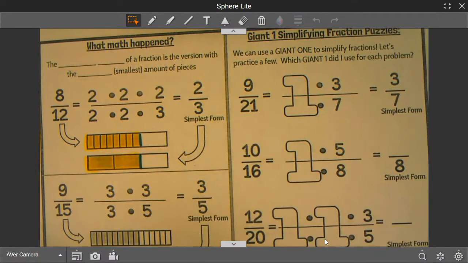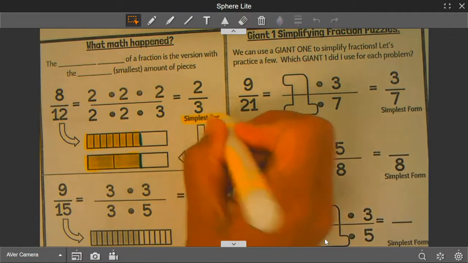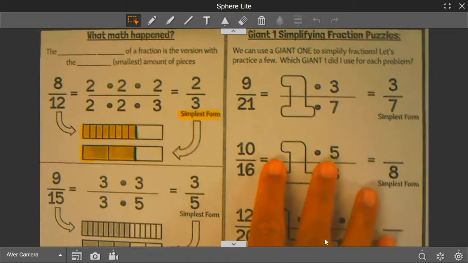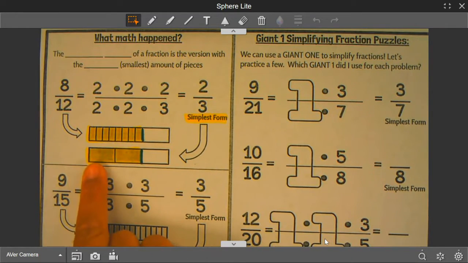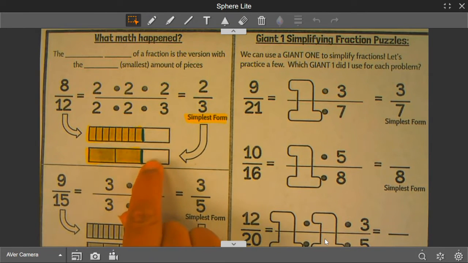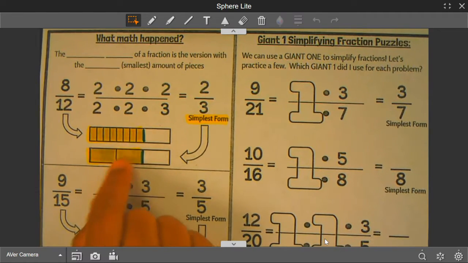But what we notice here is that this fraction is in its simplest form. What does simplest form mean? Simplest form means fewer pieces being cut, but the same amount being shaded.